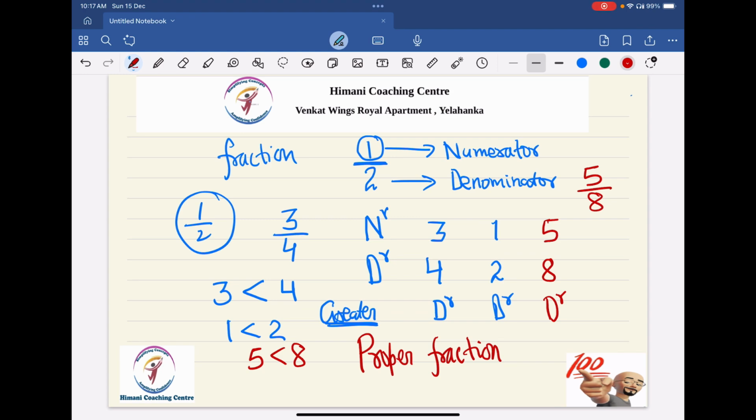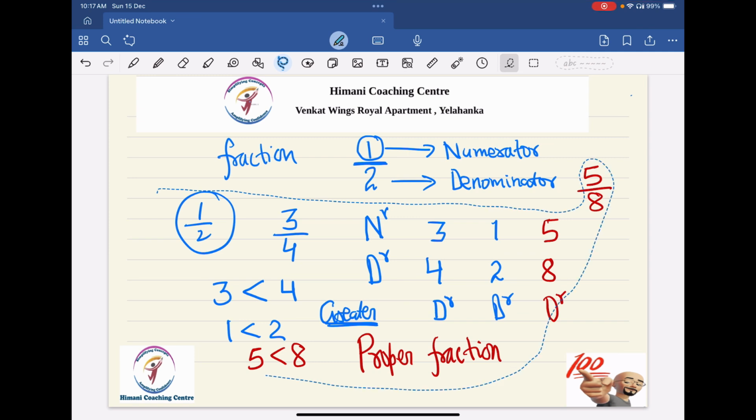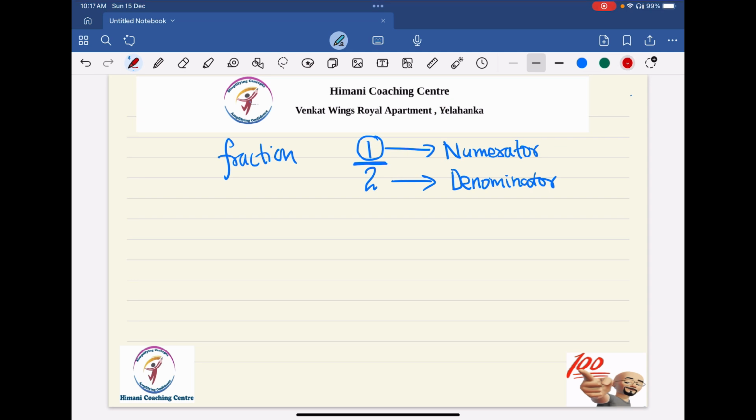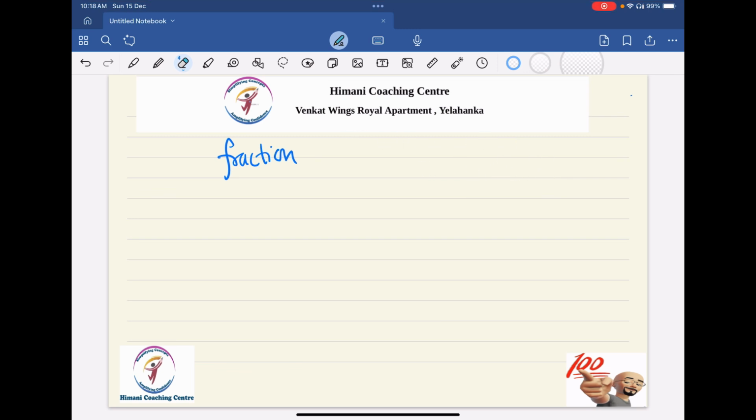Now let us look at another kind of fraction. Let me write some fractions. Let me remove this also. So I write 3 by 2. Let us do the same exercise. We will write the numerator, the denominator, and which one is greater.